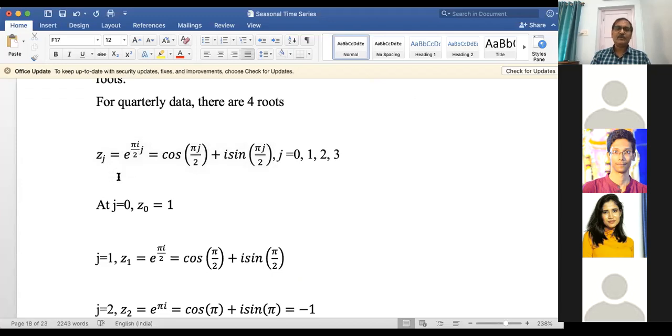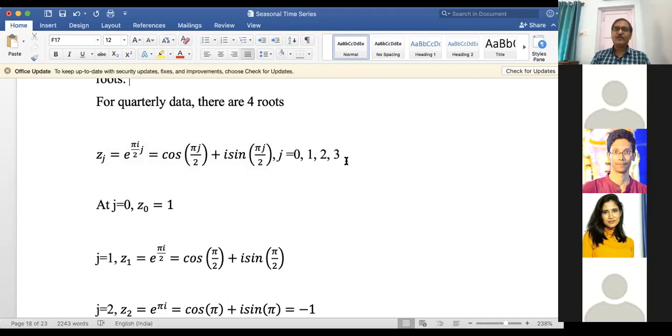Zj is equal to e to the power pi i by 2 j is equal to cos of pi j by 2 plus i sine pi j by 2. And what will be the value of j here for quarterly data? j is equal to 0, 1, 2, 3.